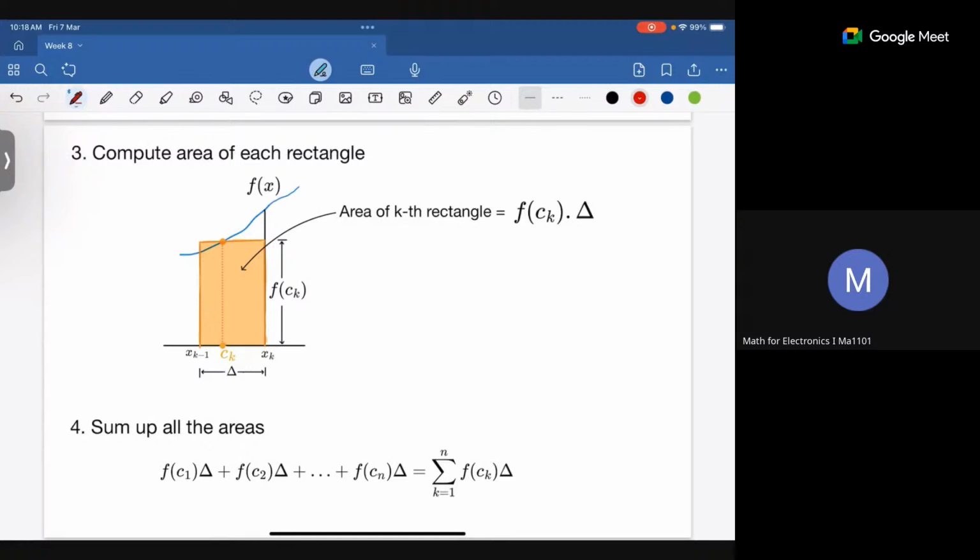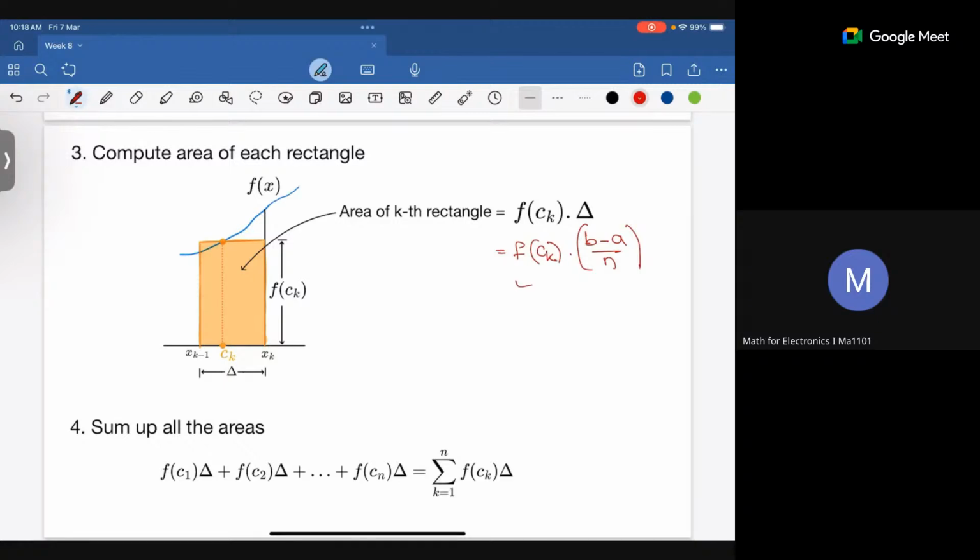So here, if I choose Ck like this, then the area of the kth rectangle will be f of Ck, this height, times this delta. And we know what delta is. Delta is b minus a by n, right? Once you choose Ck, you know Ck, so you know f of Ck.